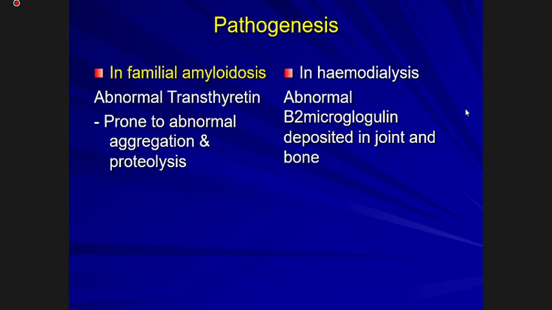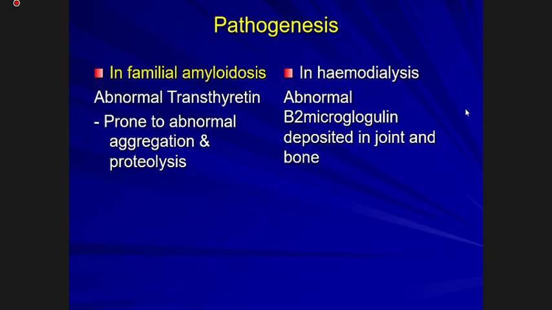In familial amyloidosis, we are talking about abnormal transthyretin. Because of this abnormality, it is prone to abnormal aggregation and proteolysis. It's the same with hemodialysis-associated amyloidosis, where we are talking about beta-2 microglobulin, a mutation of the normal protein.